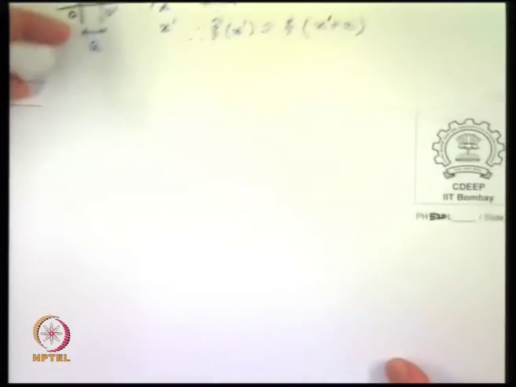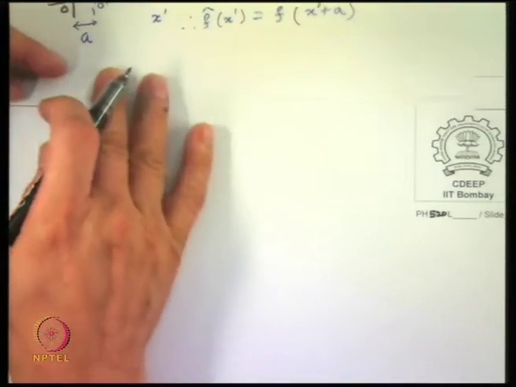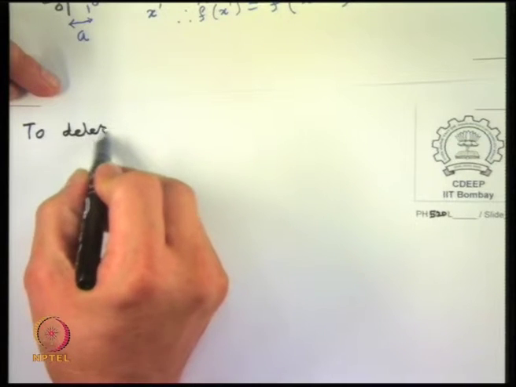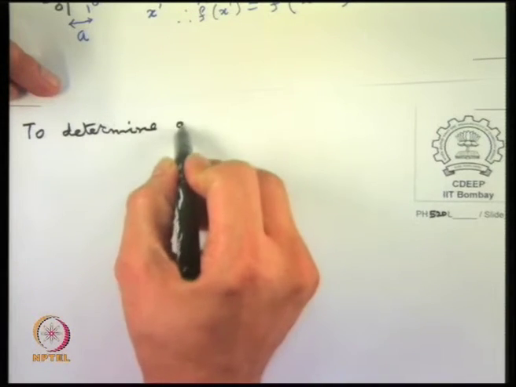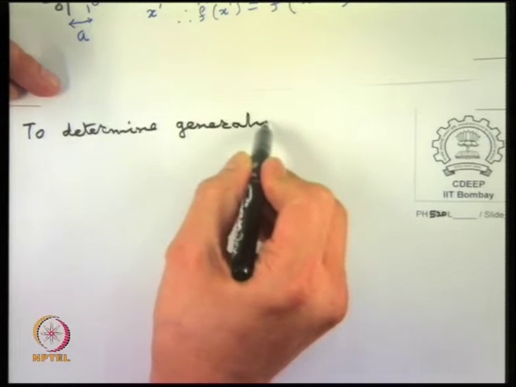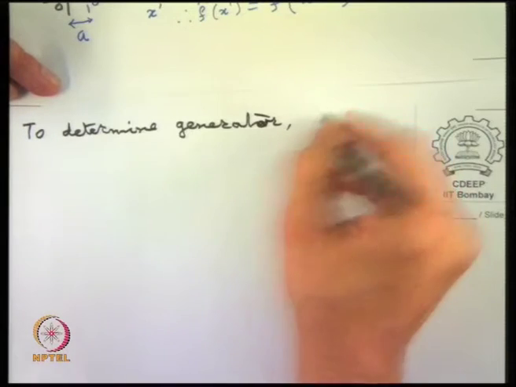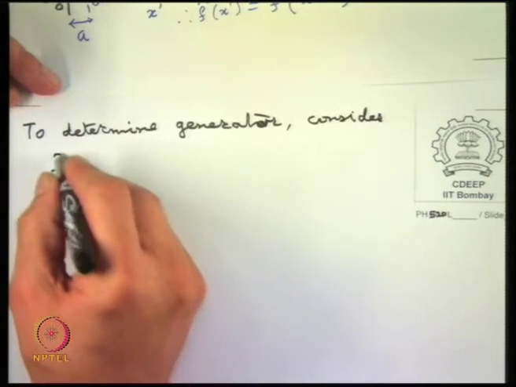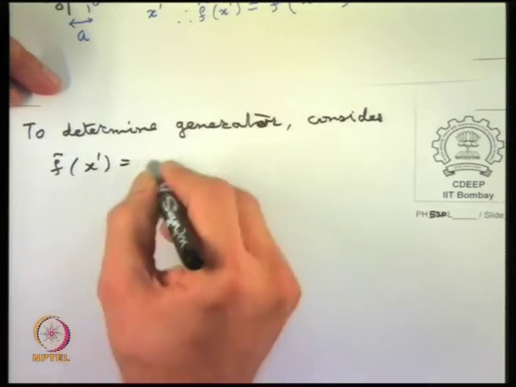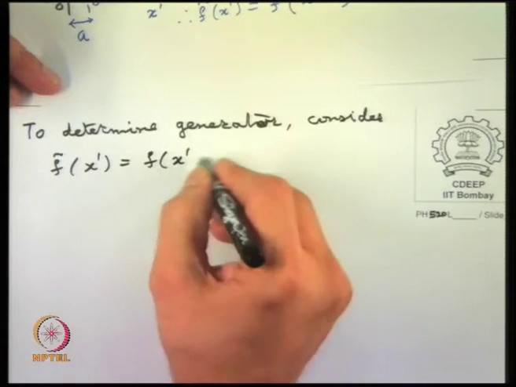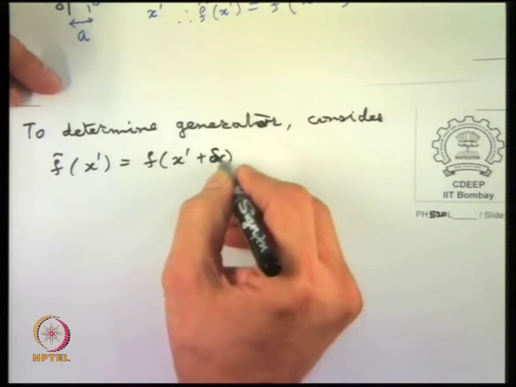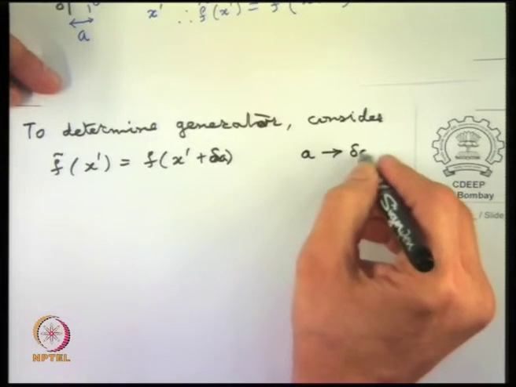So now we go back to our statement. To obtain the infinitesimal version, so to determine generators, consider f tilde of x prime equal to f of x prime plus a, but put a delta a symbolically.